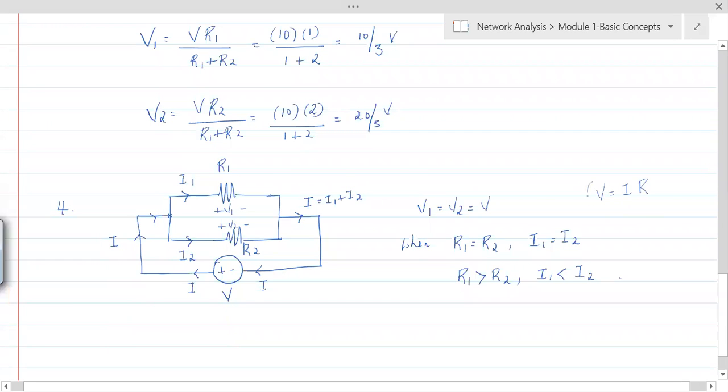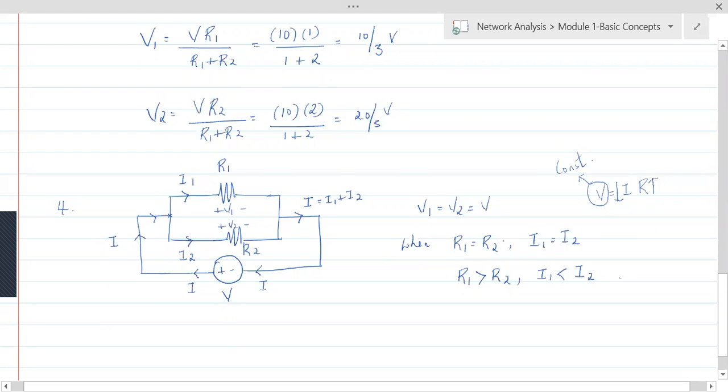If R is increasing, which is not the case here, the current has to be decreasing. Get this point?